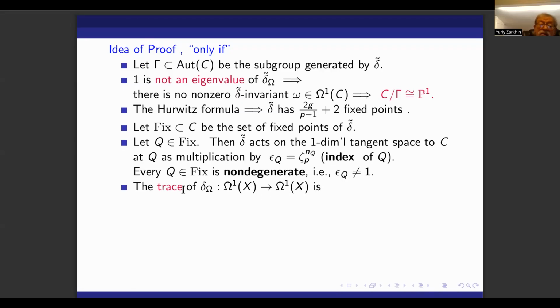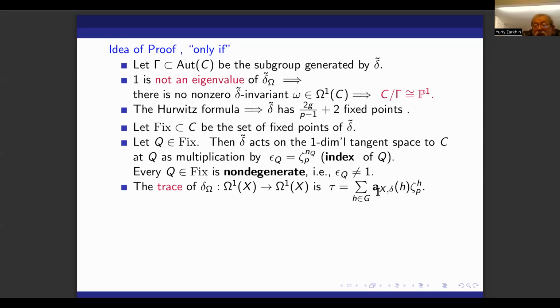Now let's look. We have linear maps, and we are interested in eigenvalues and their multiplicities. So it's time to do the trace. The trace of the map induced on the differentials of the first kind on X, which we denoted by tau, is the sum across all elements h in G of A x delta of h times zeta p to the power h.